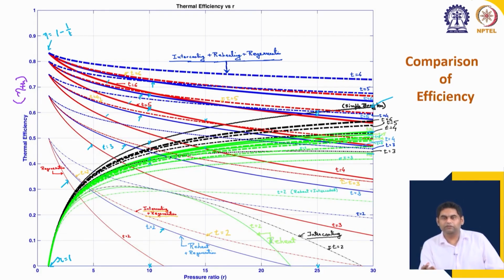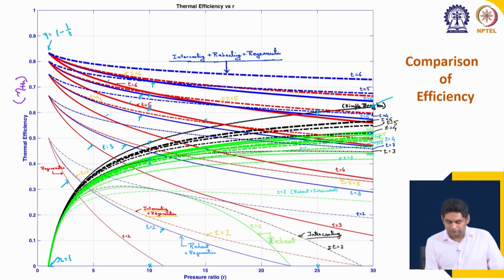Now, similarly, we have all the cycles with intercooling also, with corresponding colors as the non-intercooled cycles, but with dashed lines. I will just quickly summarize this part, because otherwise it will get repetitive and very complicated.